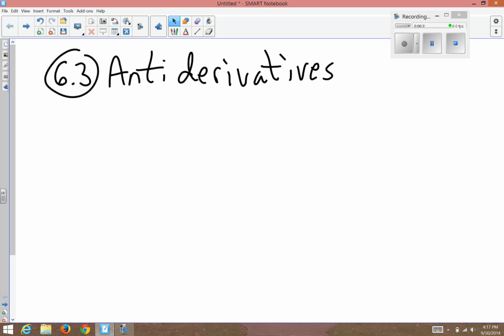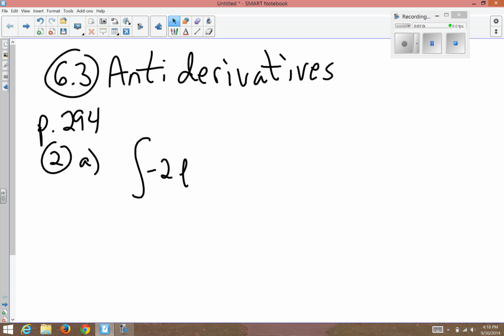Part A, question 2, part A, page 294, says the integral of -2 times f of x dx from 1 to 9.